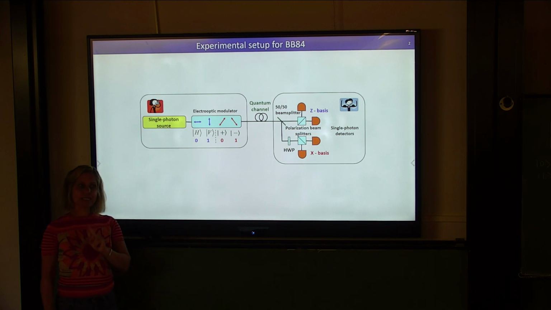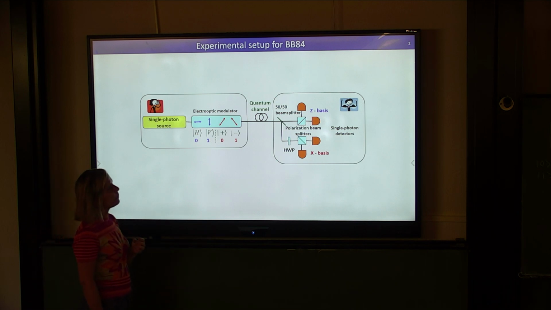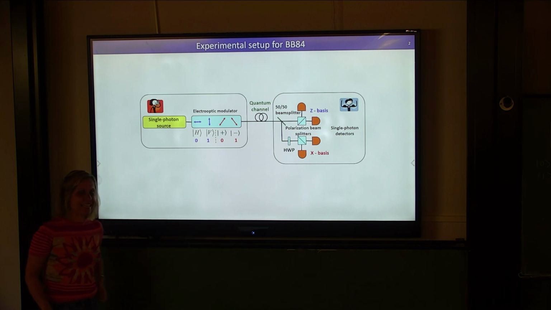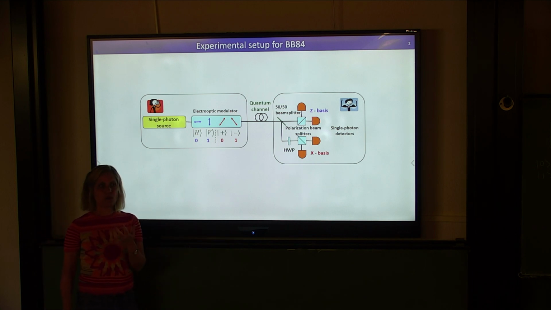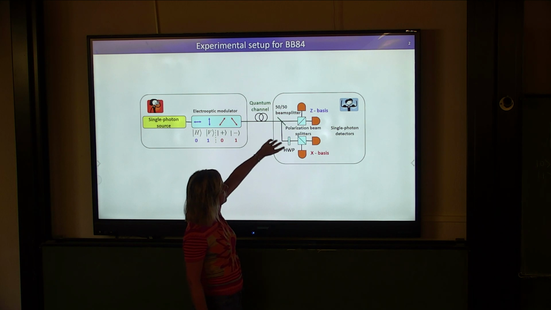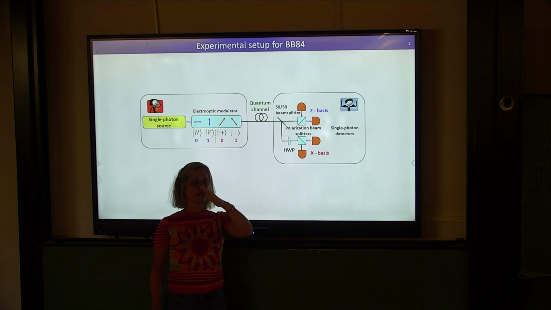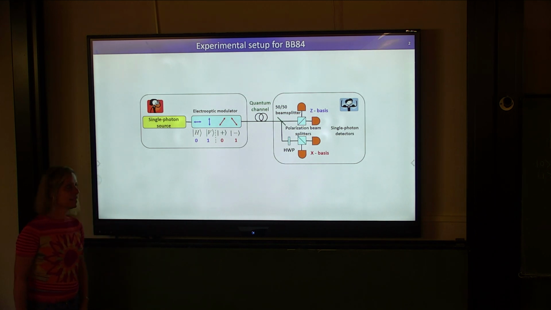If this is not clear, tell me. It's very important, right? This shows you how easy it is. That's why we like this type of encoding, because from an experimental point of view, it's very easy to perform this measurement. These are all components that are very easy to find, and you just switch your state and project it in the other polarization basis.